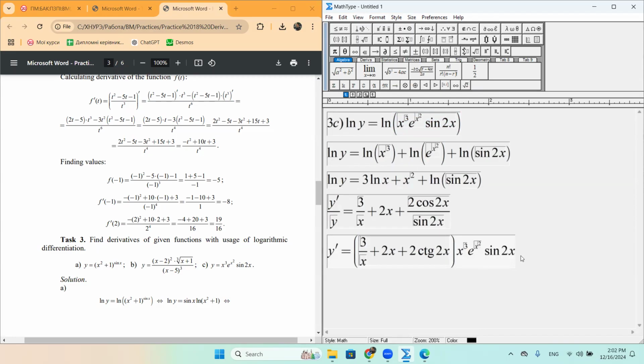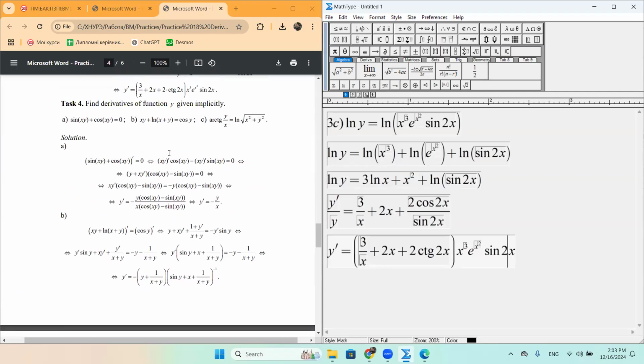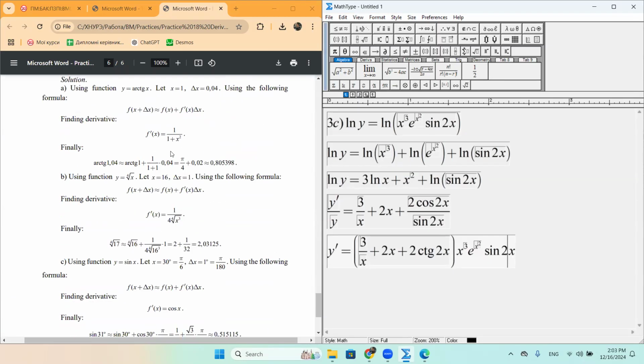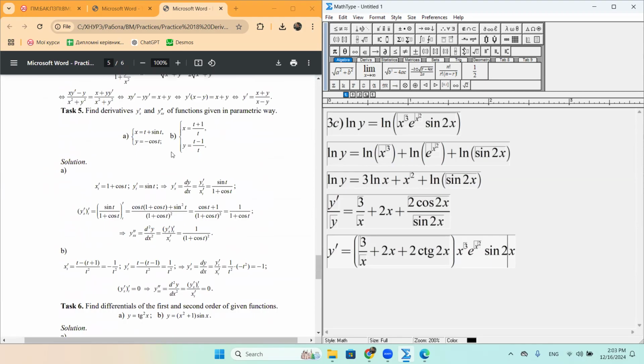So it is simpler than differentiating a product of 3 functions, and one of them is a composite function. It would be a real nightmare. Any questions about this task? No questions. Okay, so now we have a break for 5 minutes, and then we will continue.